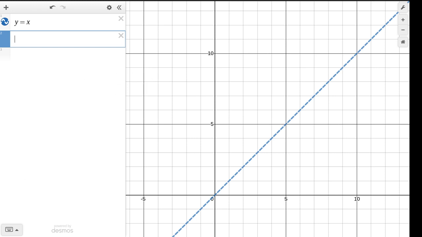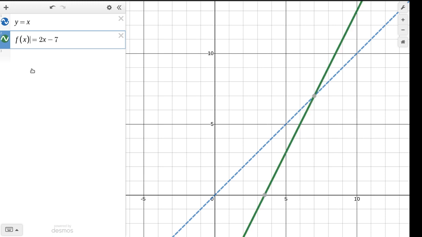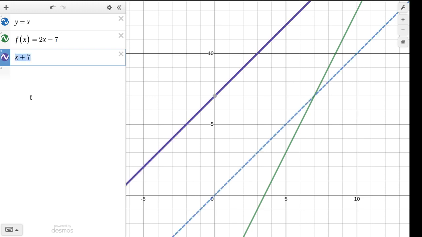And then let's see, in my first function here, I want 2x minus 7. And for my second function, the inverse of that was x plus 7 divided by 2.